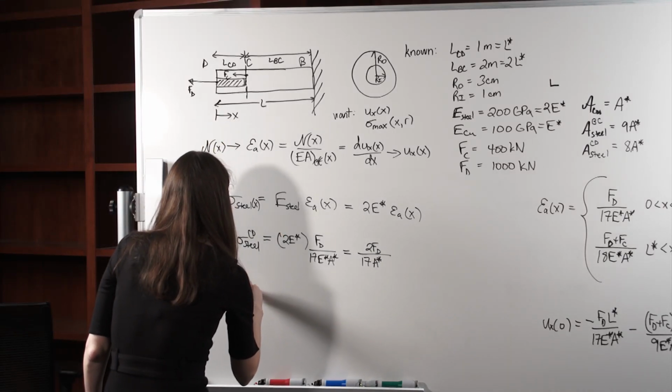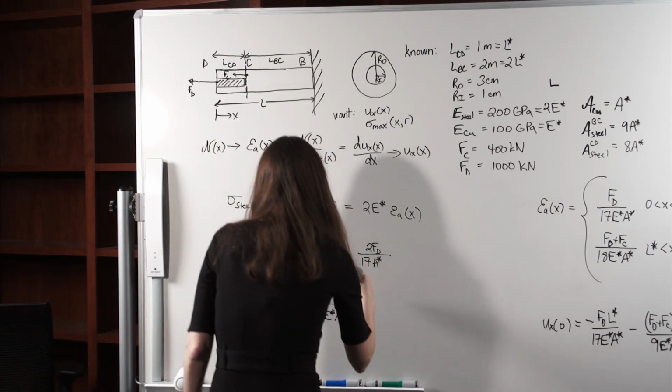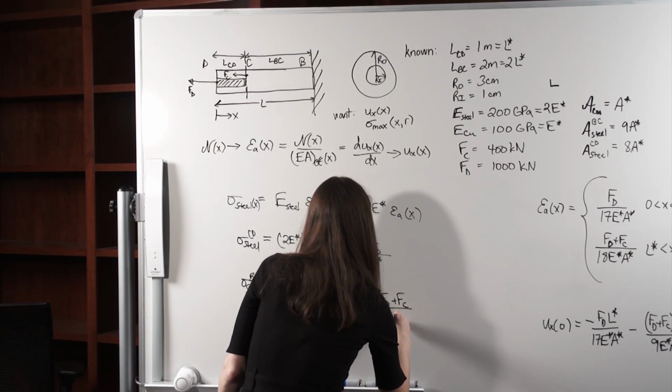So then we also have sigma steel in BC is equal to, again, 2 E star times FD plus FC over 18 E star A star, which gives us FD plus FC over 9A star.